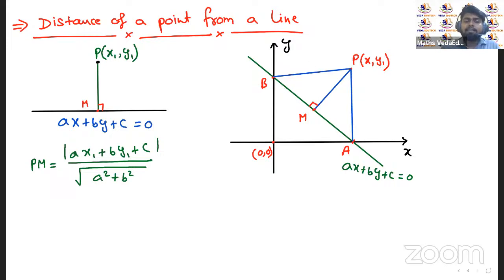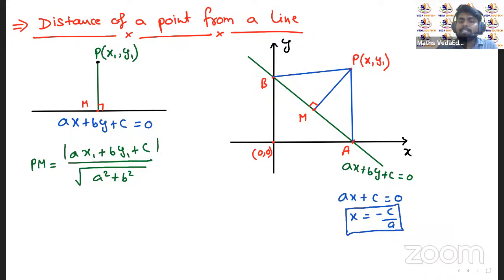First we need to find the coordinates of this A and B. So when this line will intersect the x-axis, it means at that time y will be 0. So when we put y equal to 0 here, we will get ax plus c equal to 0. So x should be minus of c by a.